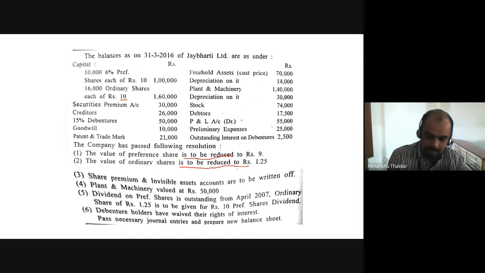I'm writing entries on the Jamboard alongside you all, so you can just have a look at it in case you don't understand any of the entry while writing. So the entry will be preference share capital. By what amount are you going to reduce? 1 rupee, right?